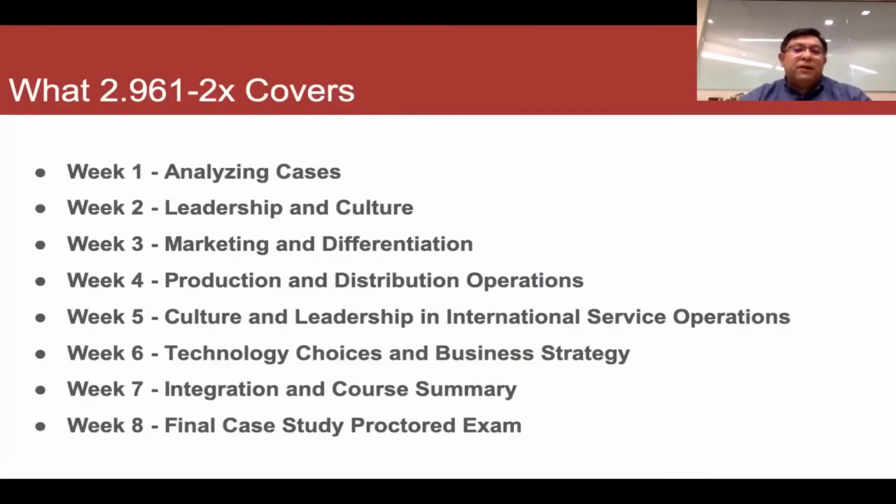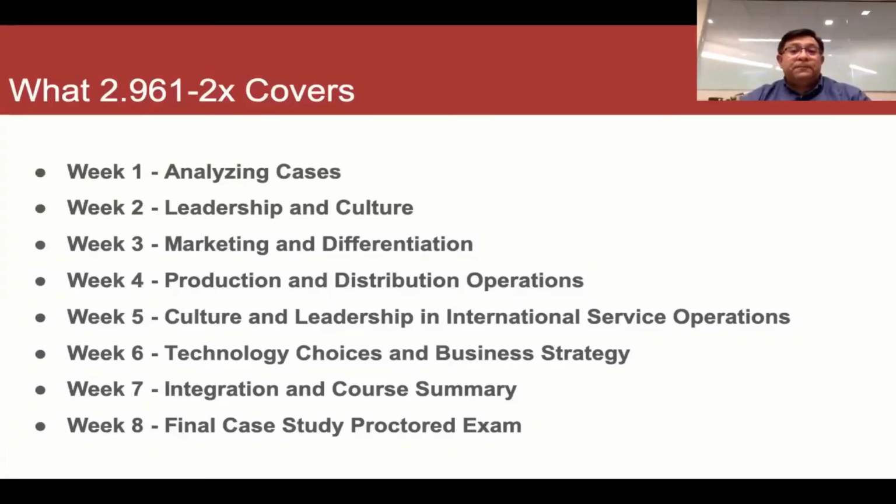As you already saw, most of the courses, including this one, are 8 weeks. And in the 8 weeks that we are going to be together, here's the structure of what you're going to be looking at. So the first is just an introduction of how to analyze cases. We realize many of you, actually most of you, haven't gone through a case-based class.